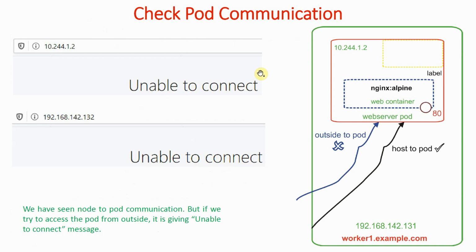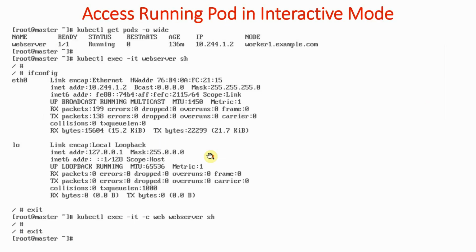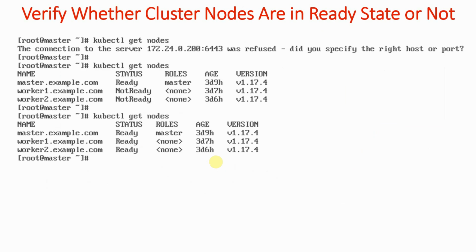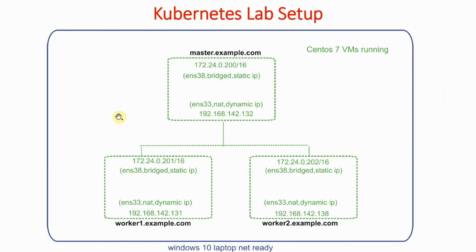Now we can represent this diagrammatically also. That means check pod communication. Again, let me show you one thing diagrammatically, because understanding networking is also important. So in our case, the structure is like this.